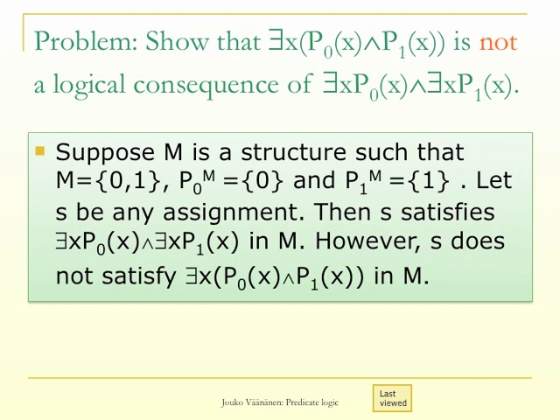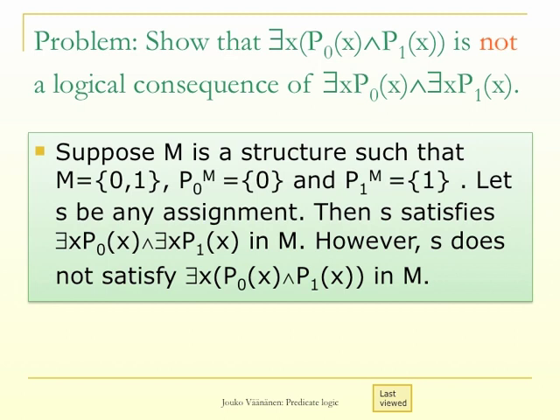Suppose M is a structure such that the universe of the structure is the set of two elements 0 and 1. P0 in M is the singleton {0} and P1 in M is the singleton {1}. Let s be any assignment. Then s satisfies ∃x p0x and ∃x p1x in M. In the first conjunct we take the value of x to be 0, and in the second conjunct we take the value of x to be 1.